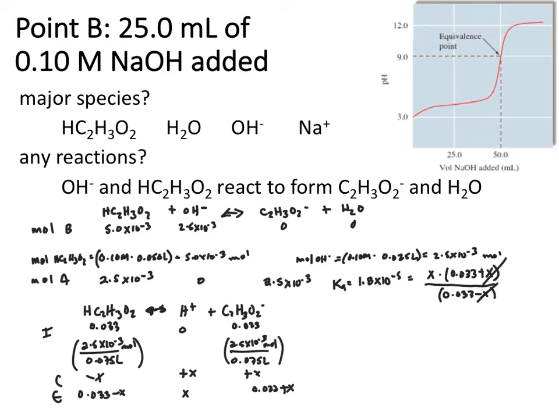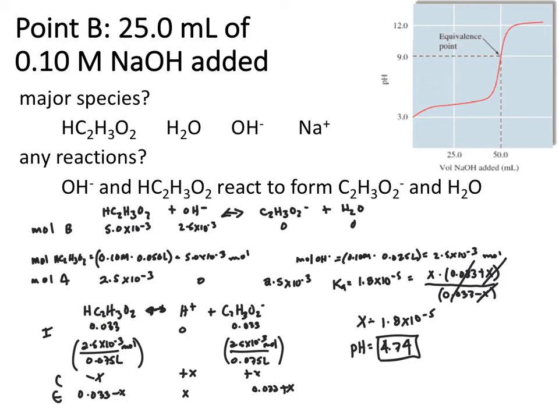That leaves us with 0.033 divided by 0.033, so those cancel as well. At this point, x is equal to 1.8 times 10 to the negative fifth. If we take the pH of that, we get 4.74. So our pH has increased significantly since the last addition that we looked at.